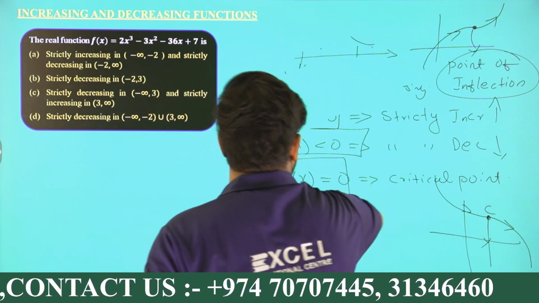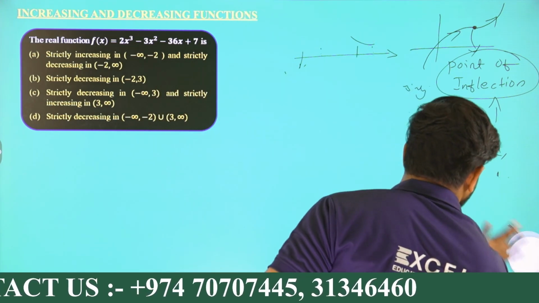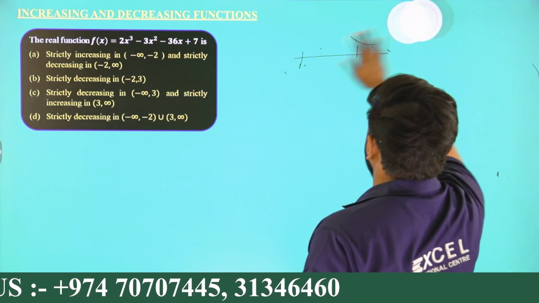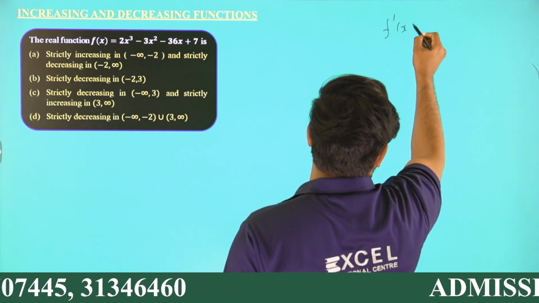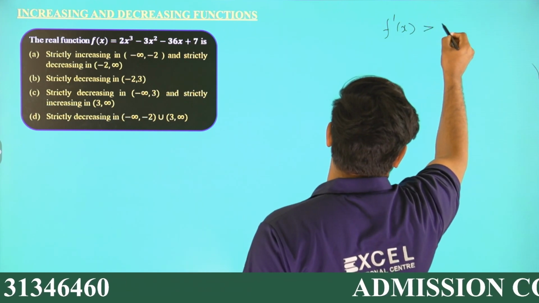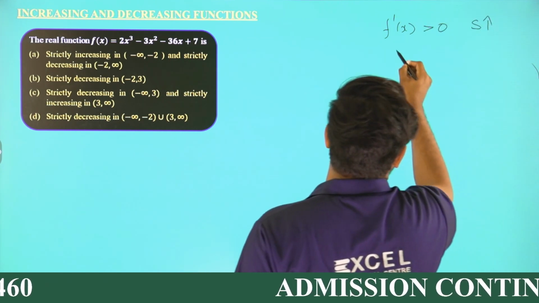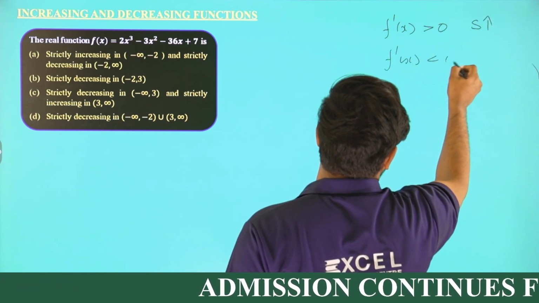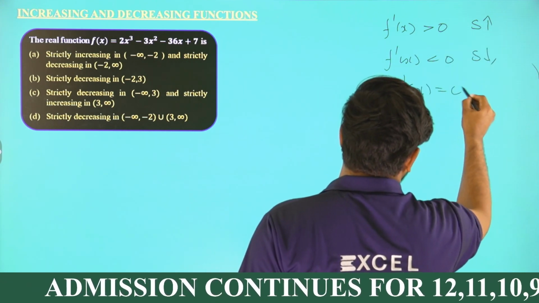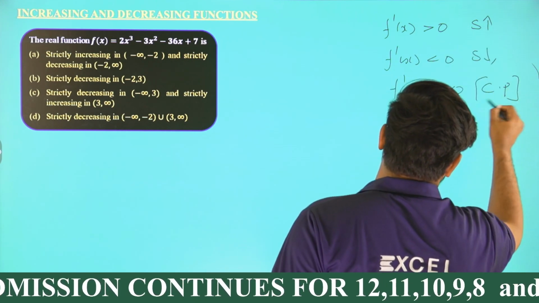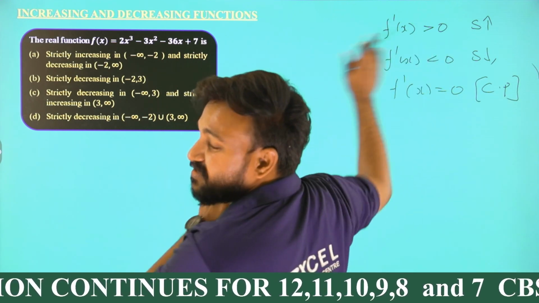Listen. So I'm just writing: f dash of x greater than 0, strictly increasing. F dash of x less than 0, strictly decreasing. F dash of x equal to 0, critical point. Just write this here. Most of the questions only need this part.